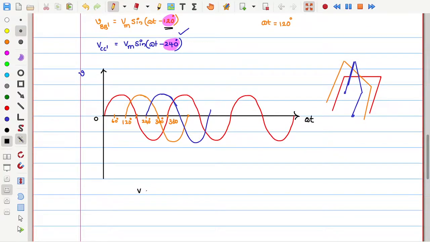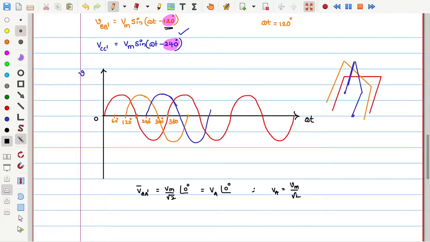Right. So now if we express these things in phasor form, the A dash phasor, can I write it as magnitude Vm by root 2, angle 0. So this can be written simply as VA, meaning the A coil voltage at an angle 0, where the A voltage magnitude VA is equal to Vm by root 2.